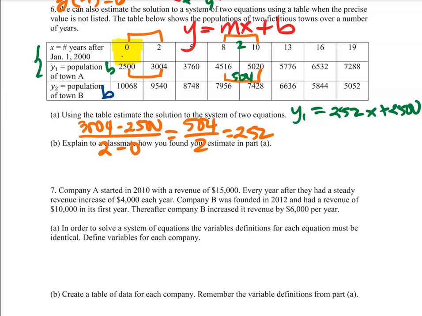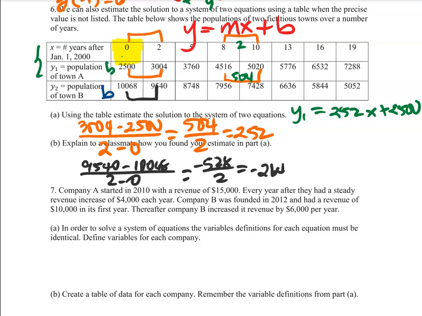Okay, now let's try for town B. If we do the same thing, so these two, 9540 minus 10,068 divided by 2 minus 0. And 9540 minus 10,068 is negative 528 over 2 minus 0, which is 2, and this is equal to negative 264.